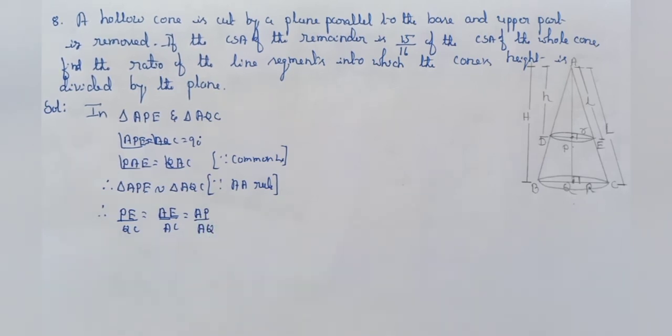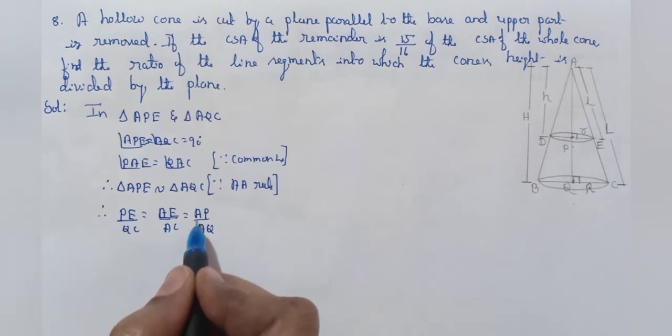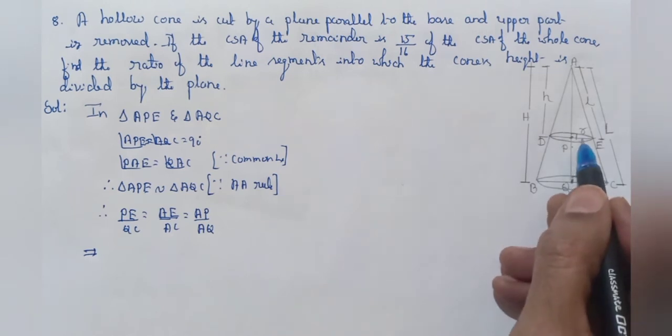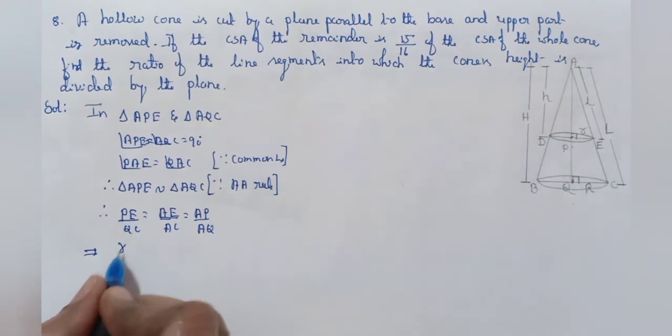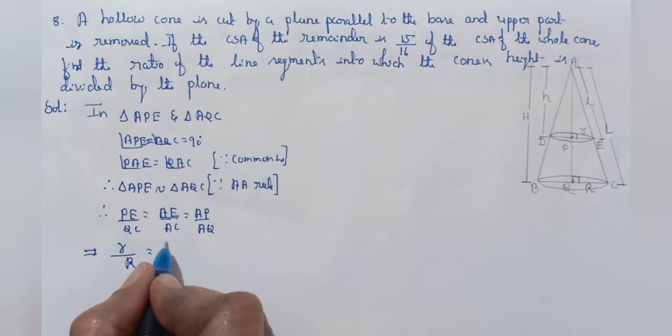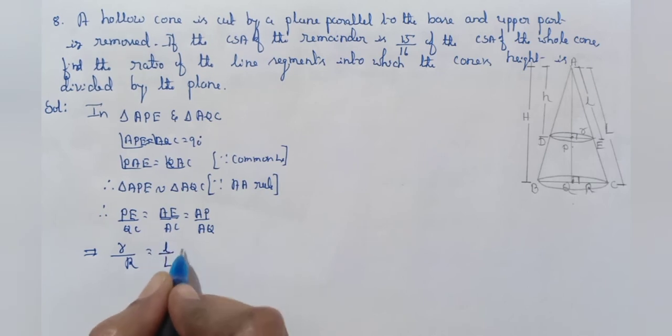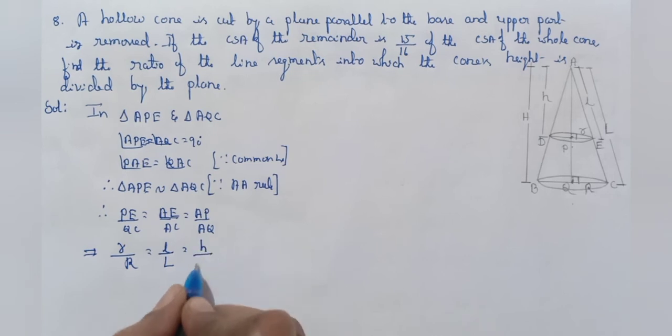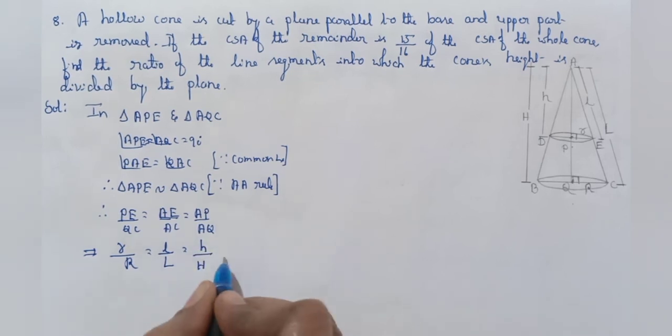So PE by QC is equal to AE by AC is equal to AP by AQ. PE is the radius of the smaller cone and QC is the radius of the bigger cone, and AE is the slant height of the smaller cone, small l by capital L, and AP is the height of the smaller cone, small h by capital H. So consider this as equation 1.